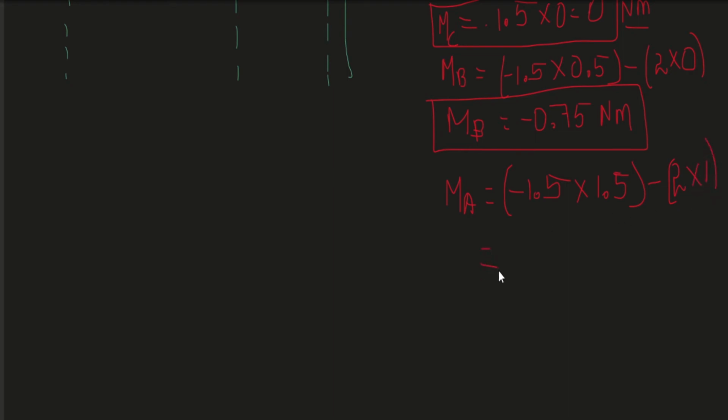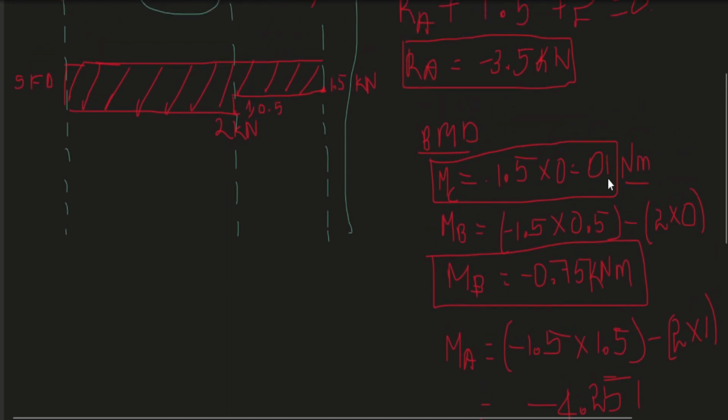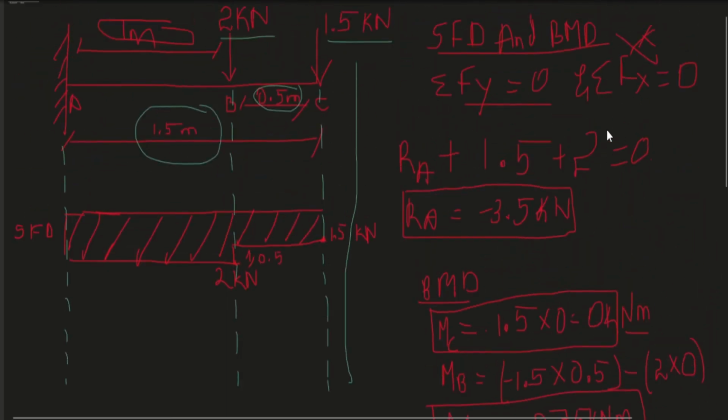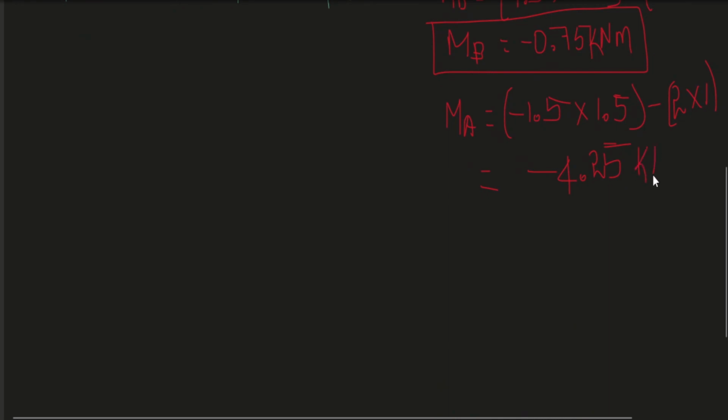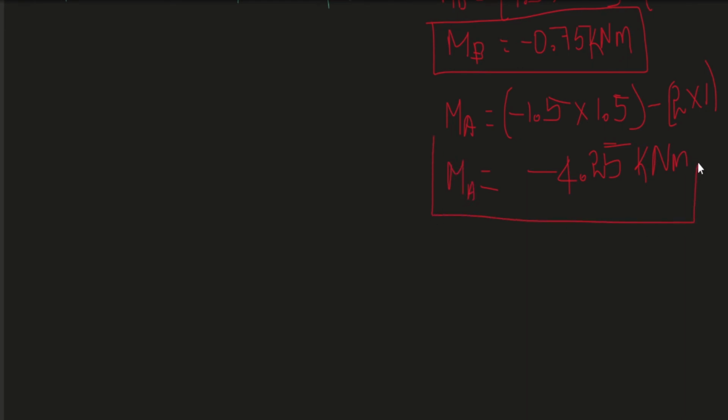If we solve, we get minus 4.25 kilonewton meter. I forgot to add the kilonewton. So it is the bending moment at A.